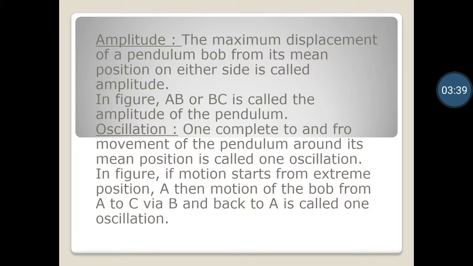In the above figure, if the motion of the bob starts from the first extreme position A, then moves towards the second extreme position C via B and comes back to the first extreme position A, then it is said that one oscillation is completed.